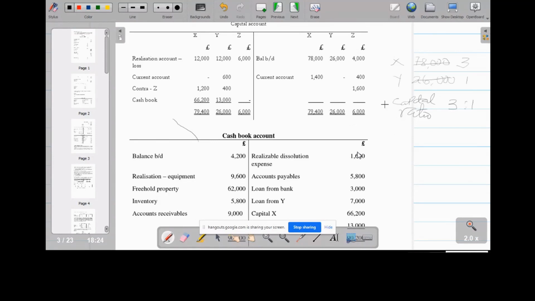Here, the deficit was 1,600. If we share this, X will be 3/4 times 1,600, which comes to 1,200. It will be 1,200.